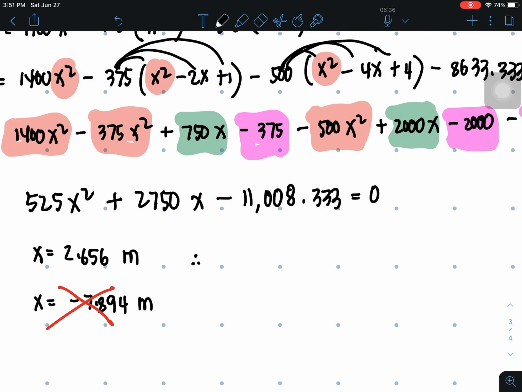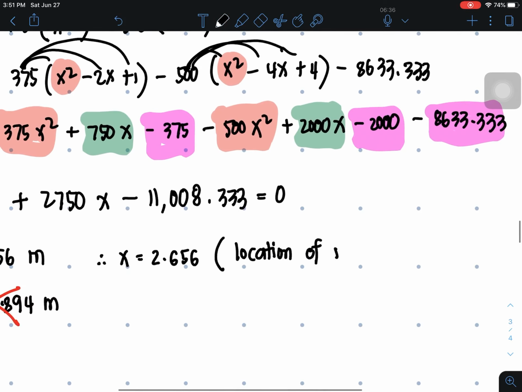Therefore the x location is at 2.656, the location of maximum deflection.